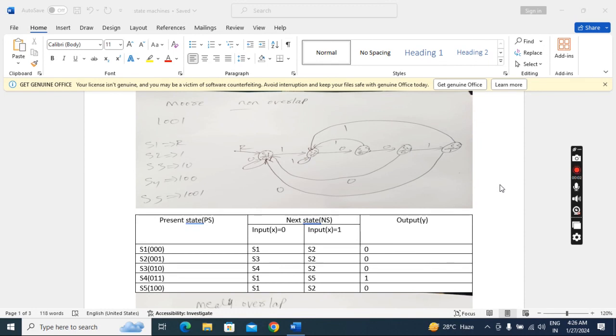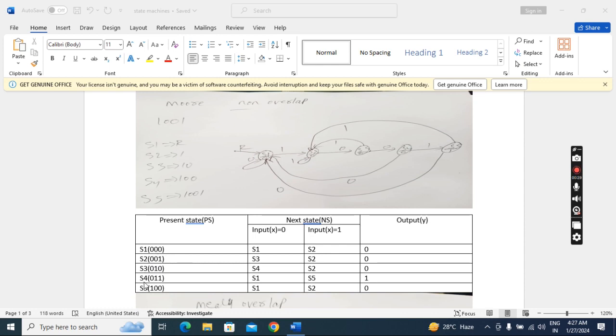Now we'll see the state table for Moore non-overlap. Compared to Mealy, the state table will differ a little at the output place. In Mealy we write output for input 0 and input 1, but here we don't write like that. Remaining everything is the same. And one more thing: here we will get one extra state because this is Moore.